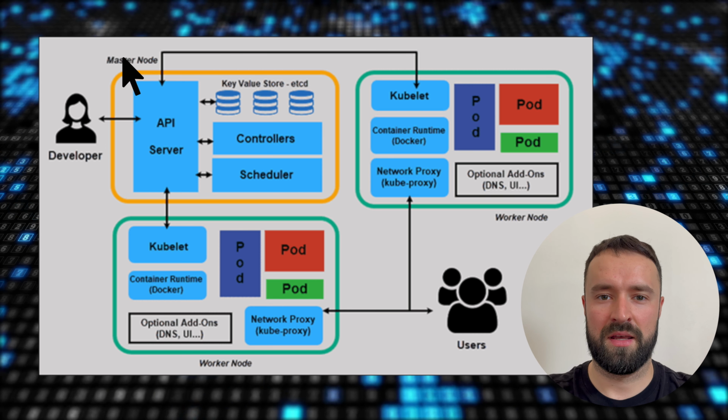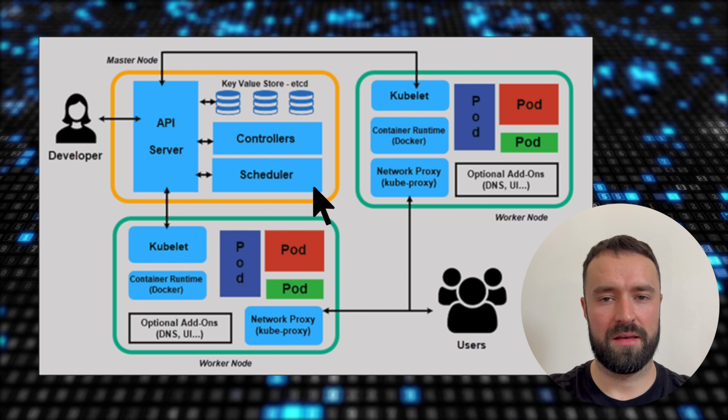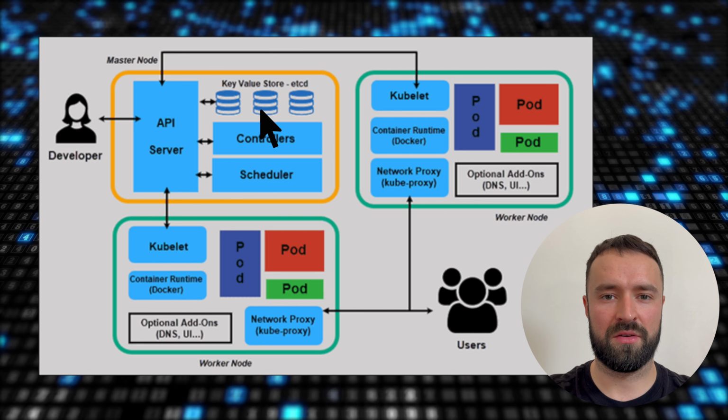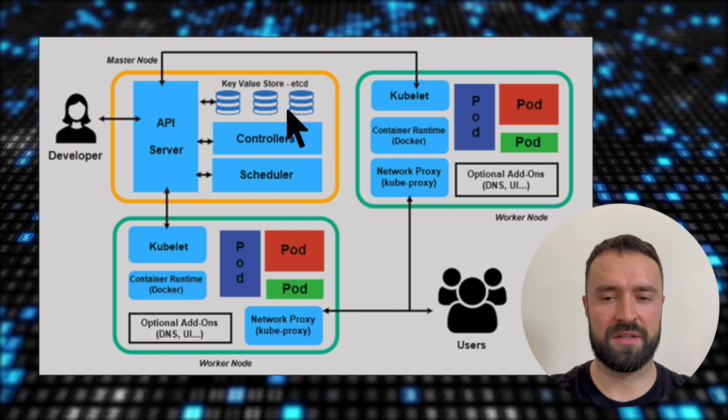Controller manager watches the cluster and makes changes to achieve the desired state. For example, it creates pods, handles restarts, etc. Scheduler decides on which node to run pods. etcd is a key-value store that holds all cluster configuration and state.